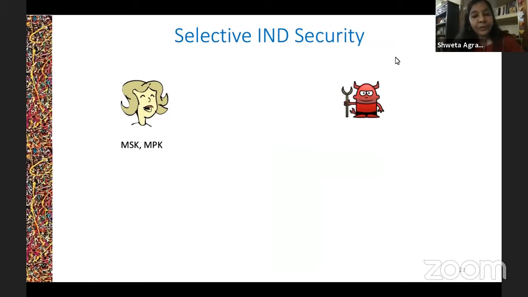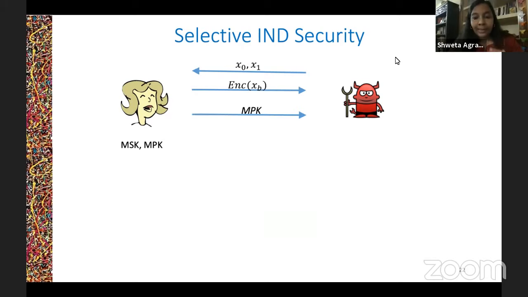And the notion of security that we're going to need here is the following. So we'll play a game between a challenger and an adversary, where the adversary outputs 2 challenge messages and receives an encryption of a random one. And then the adversary gets the public key and can make requests to the challenger to receive keys corresponding to different functions.